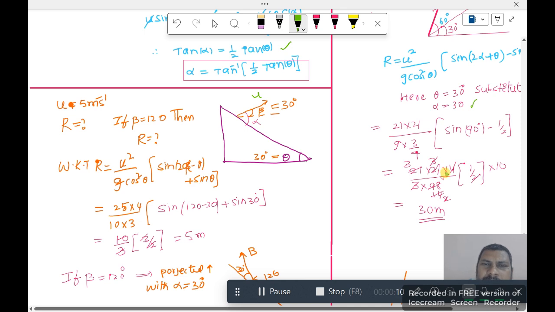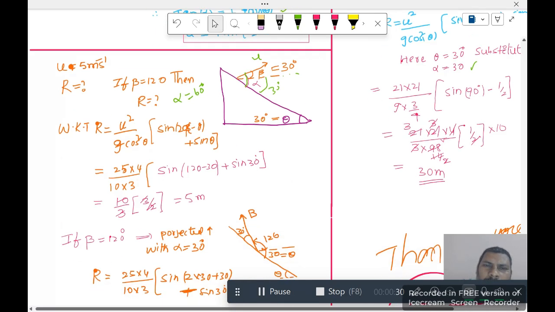Theta is 30 and here beta is equal to 30 is given. Here theta is 30, this is the origin, so this total is alpha, and the angle here is also 30. Therefore alpha will become 60 degrees.